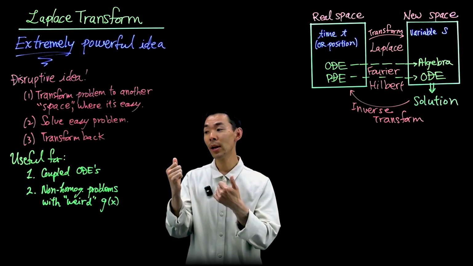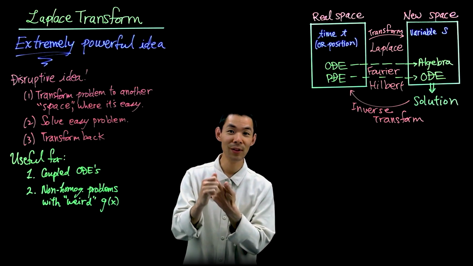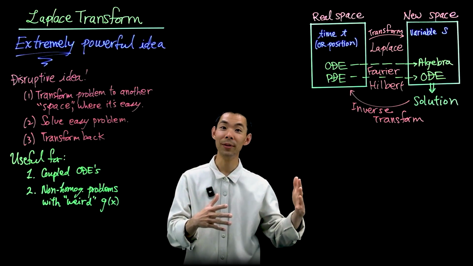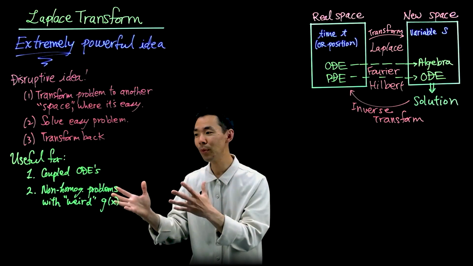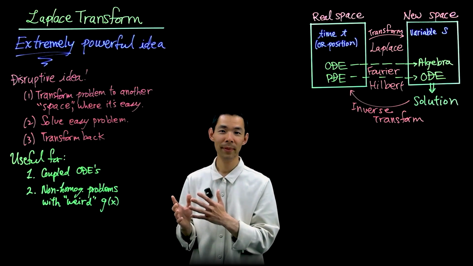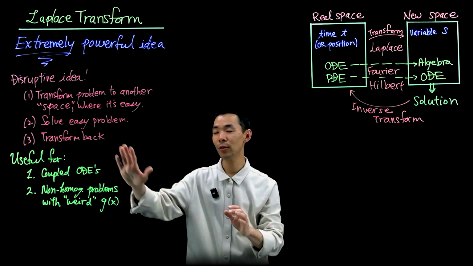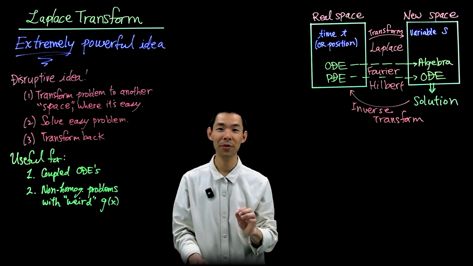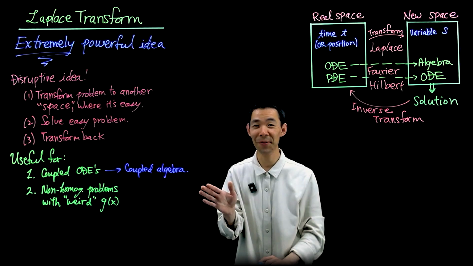You might be able to couple a heat transfer equation with a species mass transfer and chemical reaction equation with a fluid flow equation. Those three equations might all be coupled to each other. So you get a coupled ordinary differential equation. If you get that, then using Laplace transforms will allow you to downgrade a coupled ODE into a coupled algebraic equation. And a coupled algebraic equation is, of course, much easier to solve.